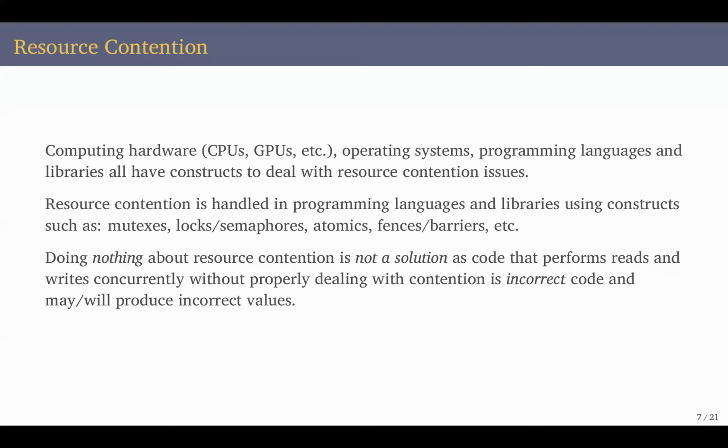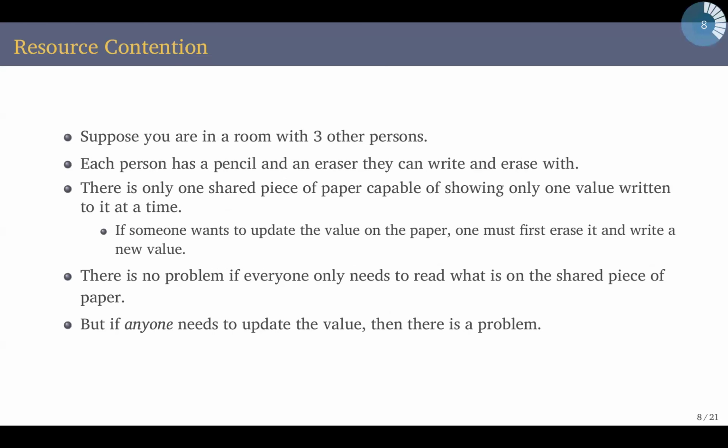If you don't have it, great. But if you have it, you need to deal with it. Otherwise, you're going to be computing incorrect answers because you're going to get incorrect values. Not all your updates are necessarily going to be read properly. So the way you're thinking about your code isn't necessarily the way it's really running.